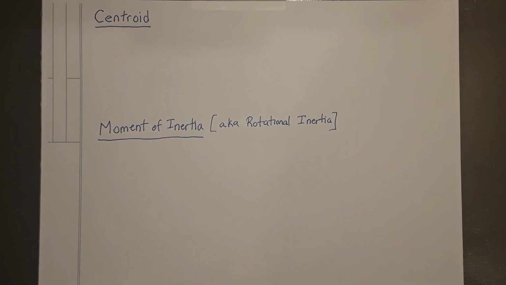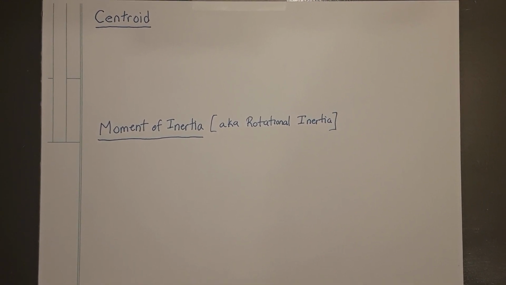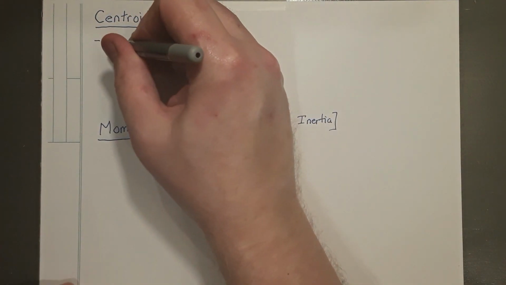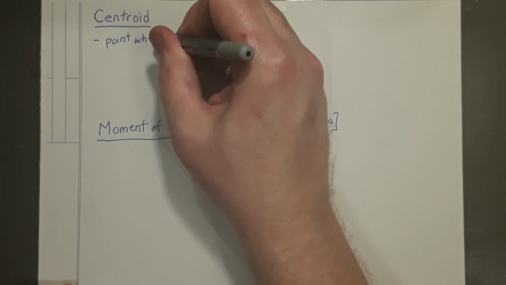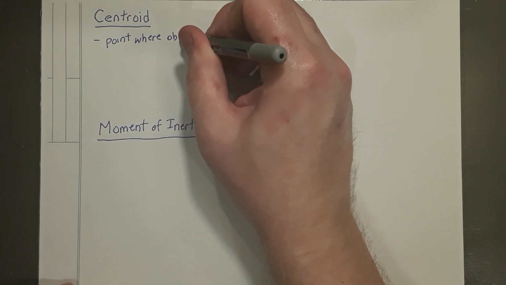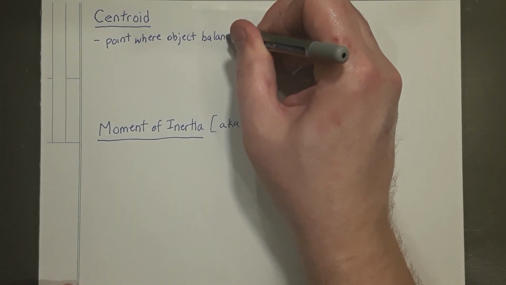The concept of centroid is a very important concept in mechanical analysis, because the center of mass, or centroid, is the point where the object balances by gravity.